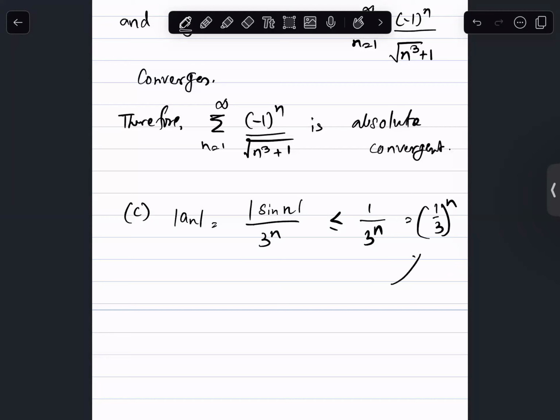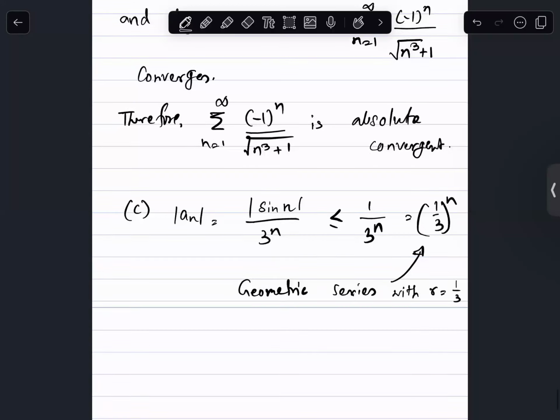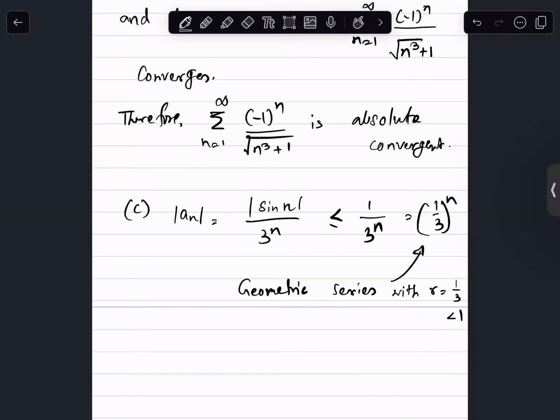Now this is basically a geometric series with the common ratio 1/3, which is less than 1. So therefore this is convergent.